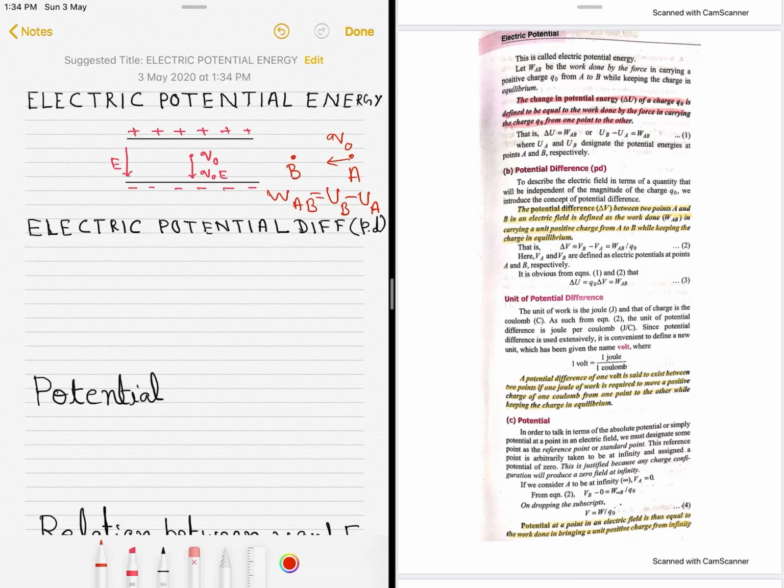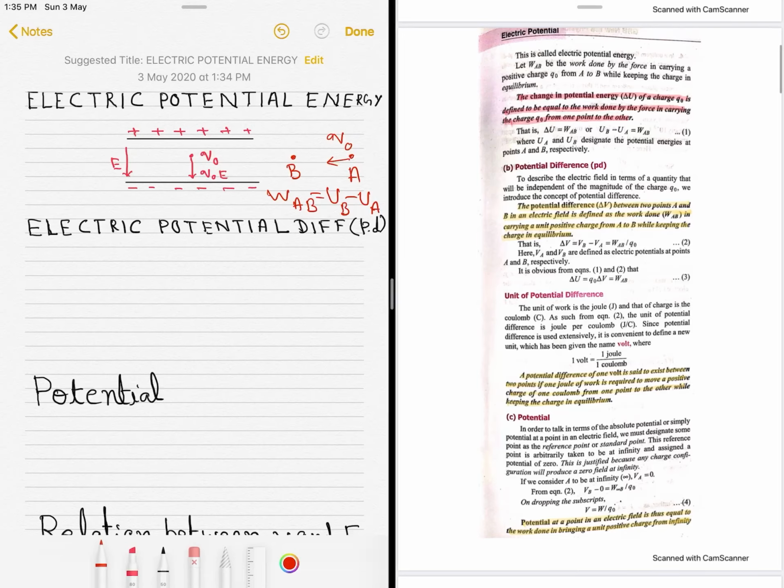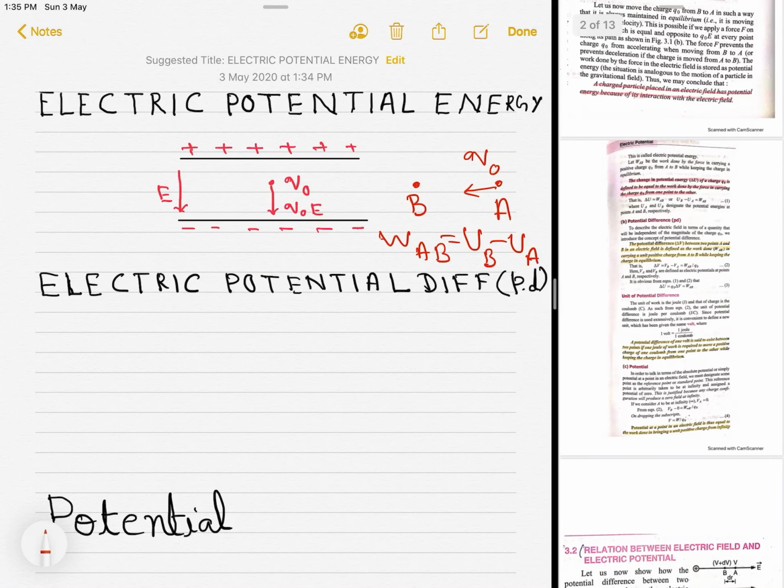Now the second concept which I am dealing with here is electric potential difference. It is defined as the work done to bring unit positive charge from one point to another, that is the electric potential difference between 2 points.